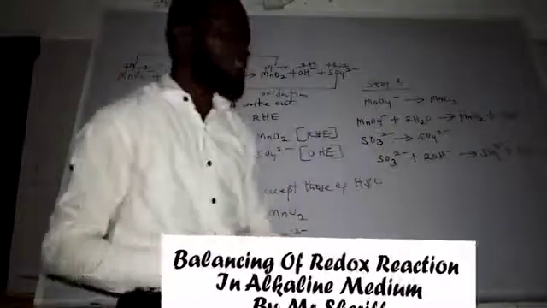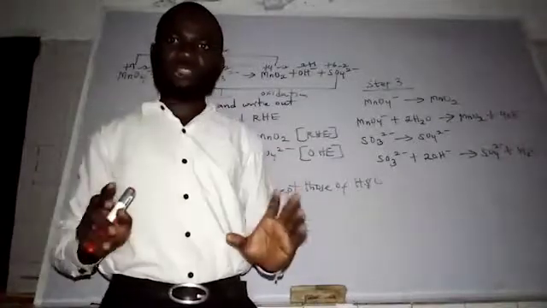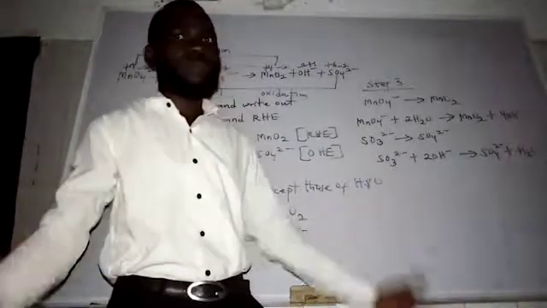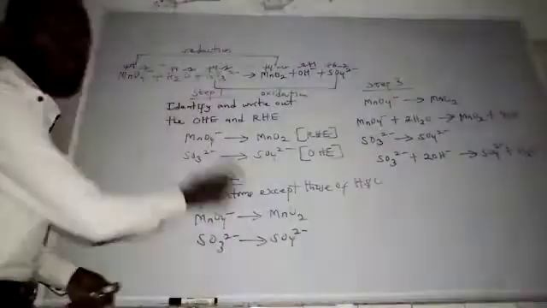That implies that I've been able to balance these 2 half equations in terms of the number of what? Atoms. The next thing I have to do is balance the charges. That's my step 4. So I'm going to rub this off to continue.